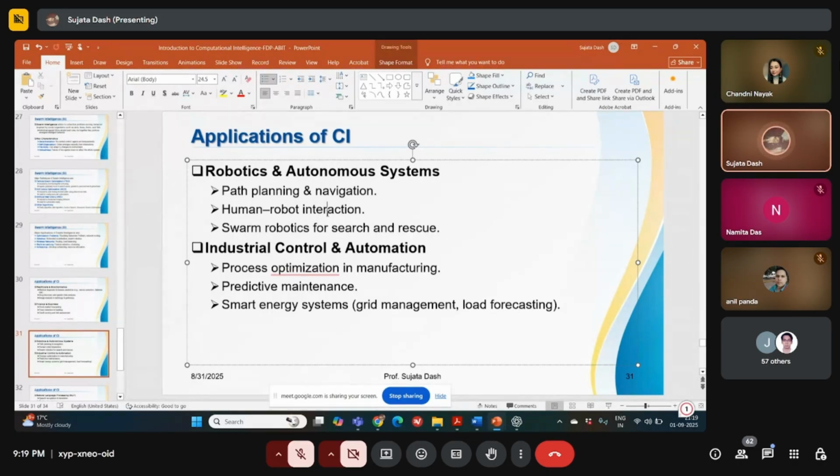Then predictive maintenance. Predictive maintenance is very, very useful, very important. Instead of waiting for machines to break down, here we can use sensors and computational intelligence techniques to predict failures in advance. So here, techniques like neural networks and fuzzy logic analyze the sensor data and forecast the breakdown.